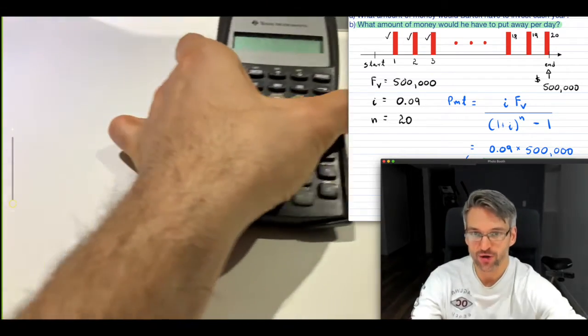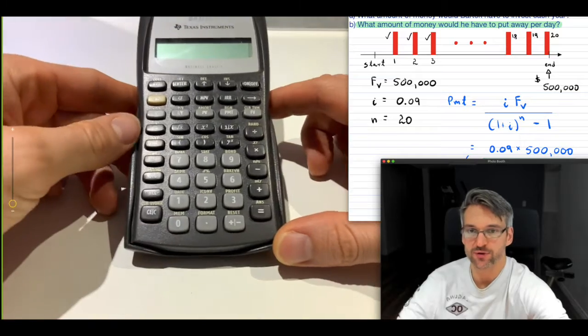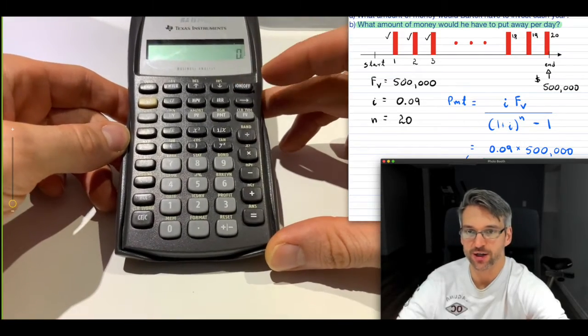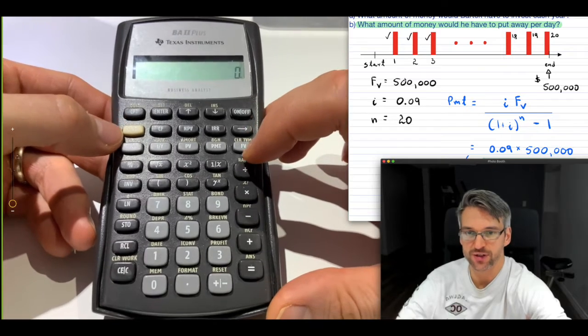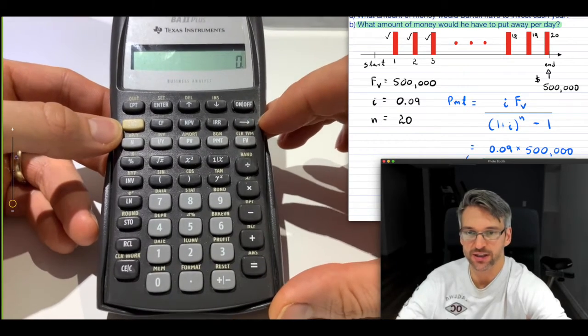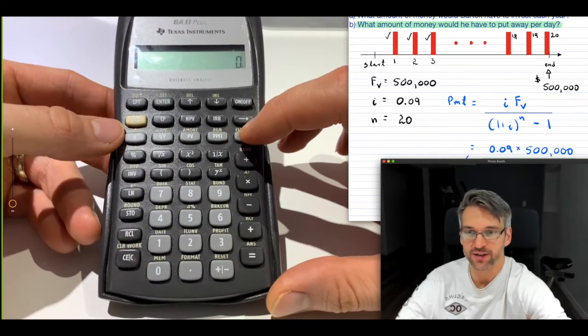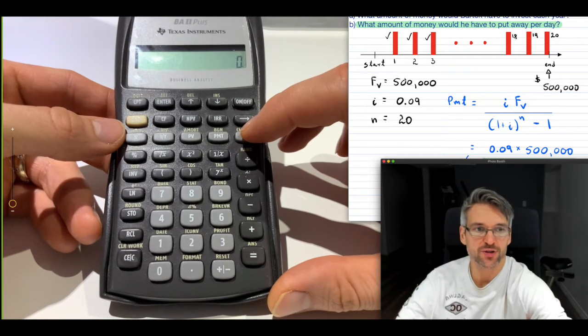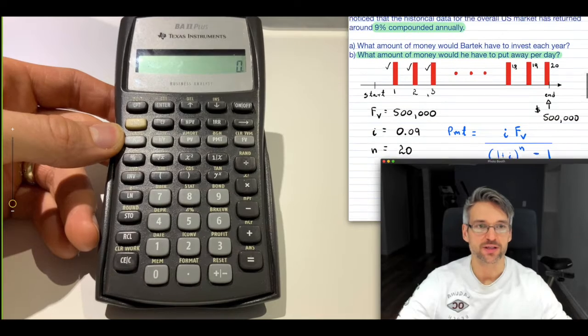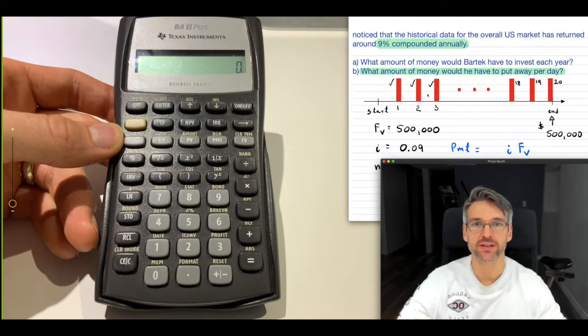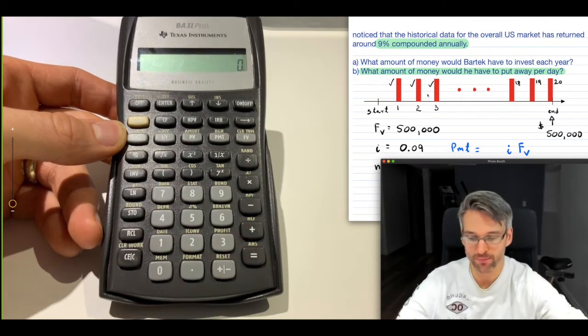Recall that with the business analyst, if you're using this one, let me just turn it back on. It's nice to clear everything first. So second function, clear TVM. All right, so we have everything at 0. First of all, in this question, we were compounding annually.